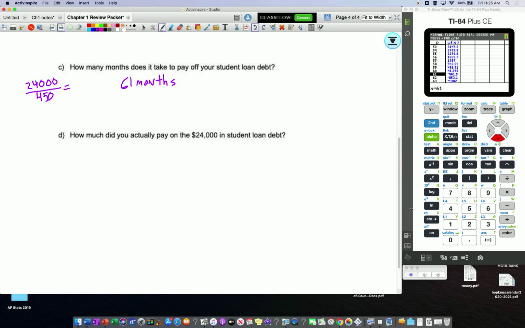All right, so how much did I actually pay for my college debt? So this is not necessarily for my college education, it's all for the loans. So remember, we're paying $450 a month. I'm going to times it by 61, which is the number of months. Oops.